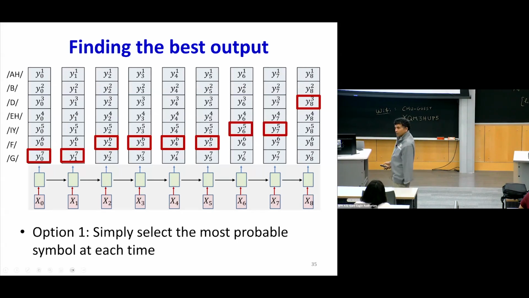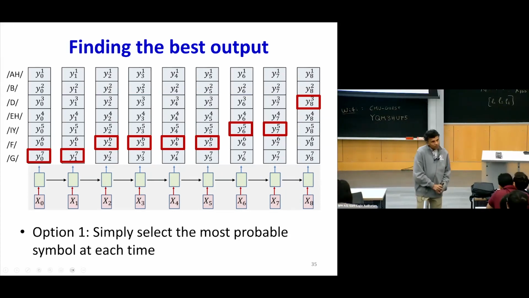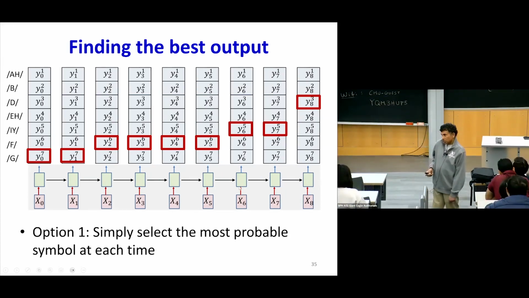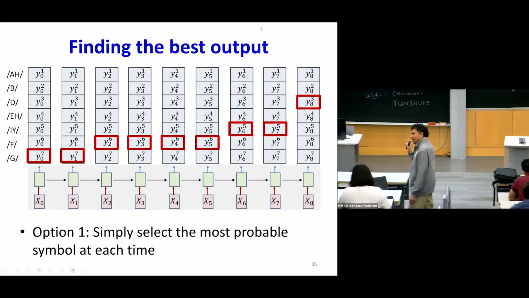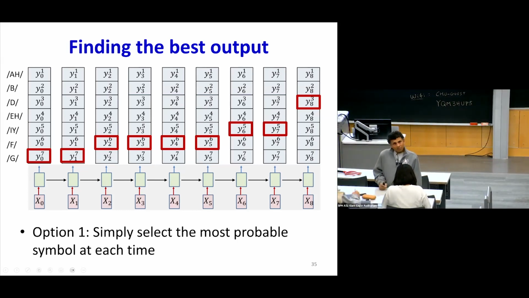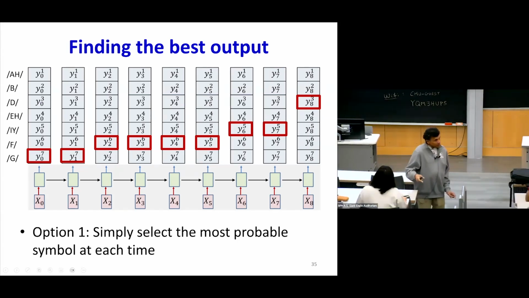Now, how can we do this? Here's a very simple approach. I can just pick the most likely symbol at each time. Naturally, this is going to give me sequences which are as long as the input itself. But that's not what we want, right? We want the compressed sequence.